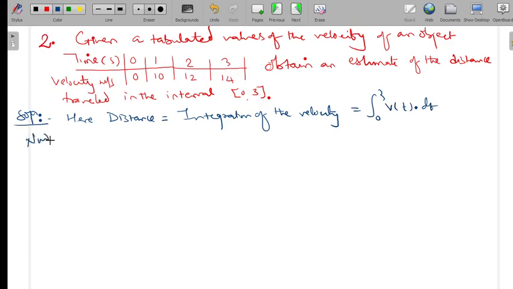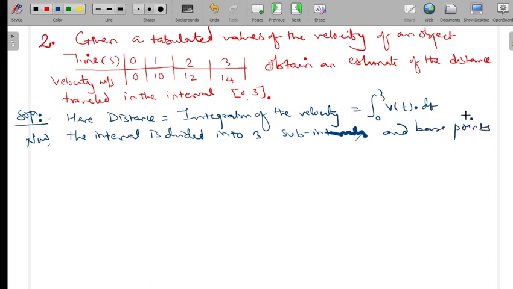Now the interval is divided into 3 subintervals, and the base points that I mention here are 0, 1, 2 and 3.